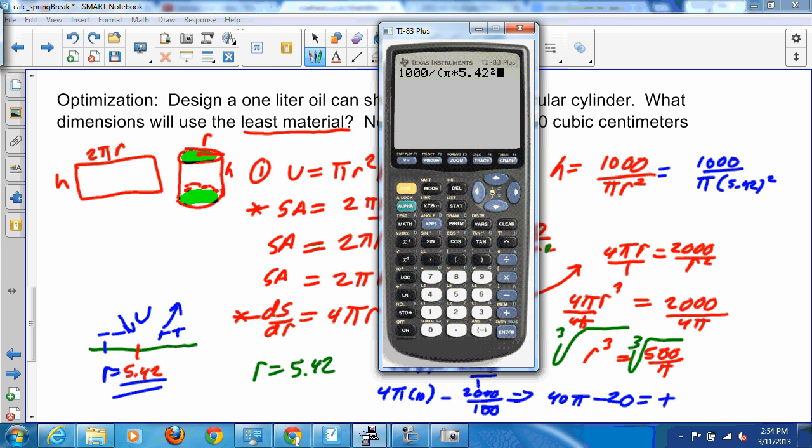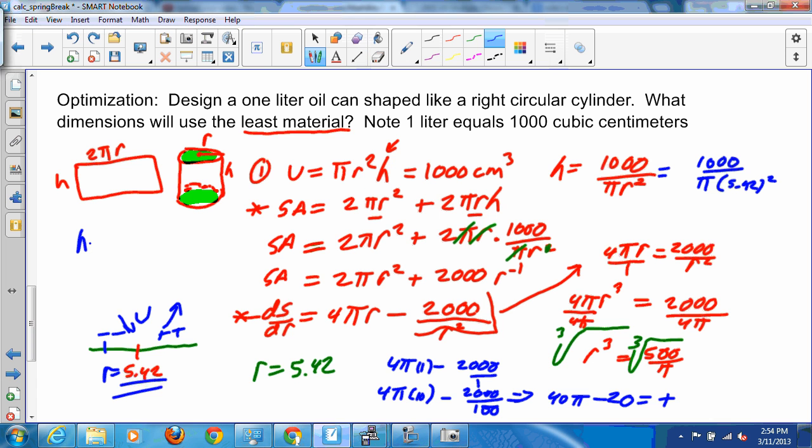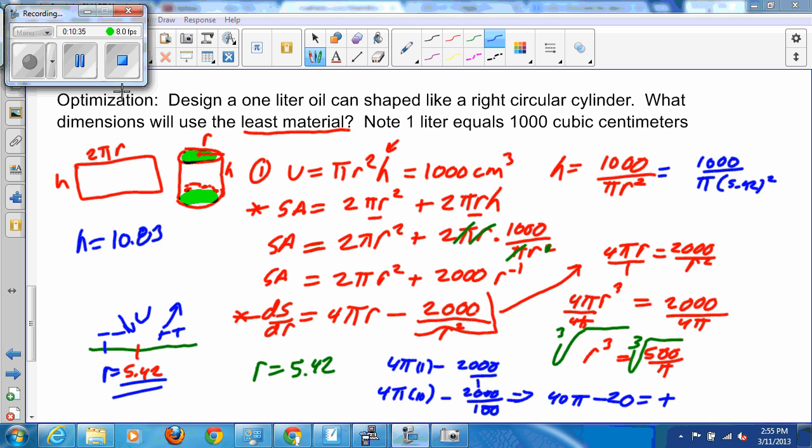That should give us a height of 10.83. So that tells us what our surface area is going to be, and gives us the dimensions for the radius and the height. Okay. Well, we might put up another optimization problem, but hopefully this gives you an idea of how to attack these problems.